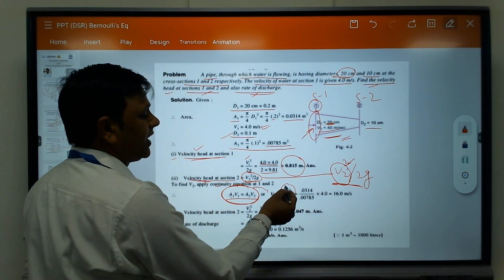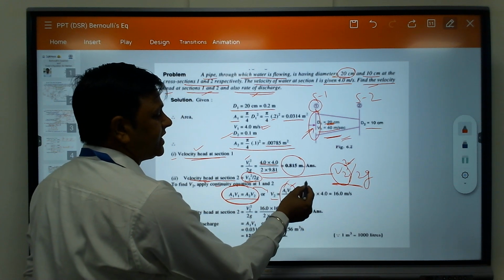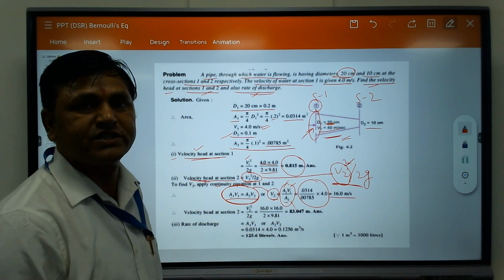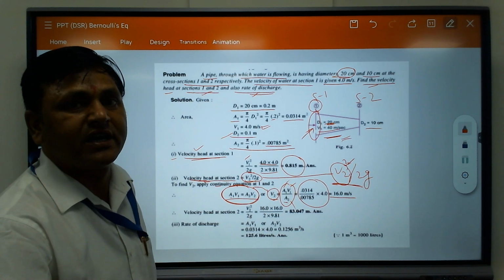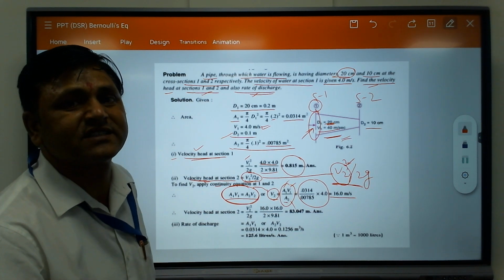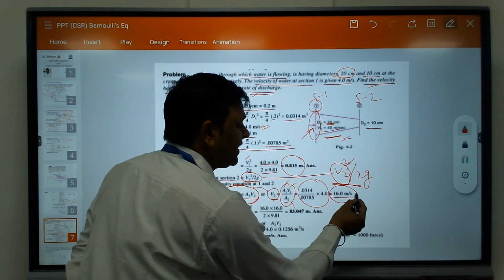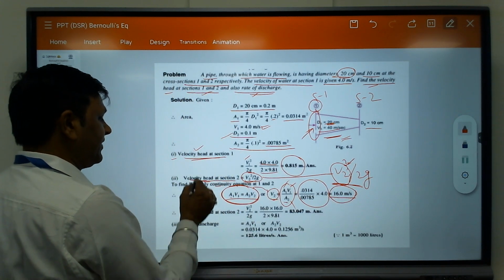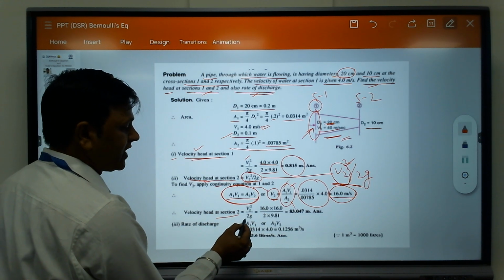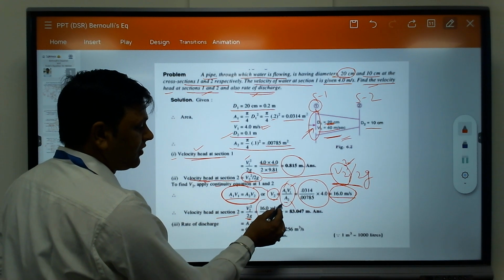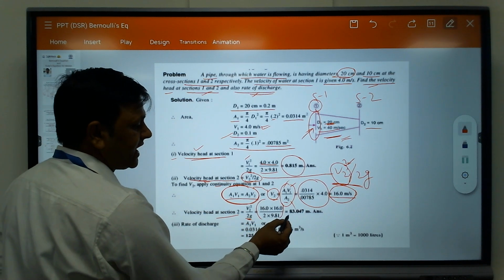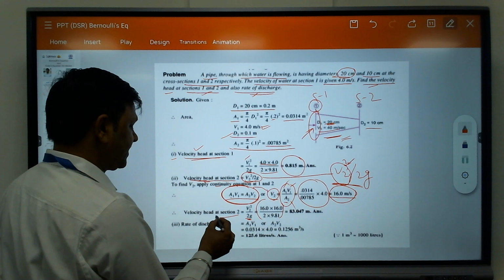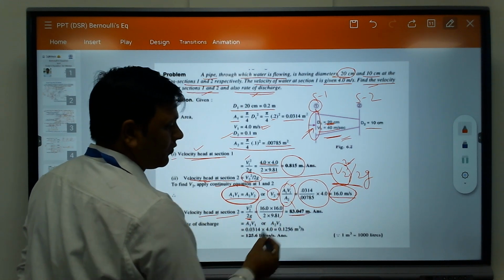Putting the values of A1, V1, A2 in this numerical, we will get V2, which is needed for finding the velocity head at section 2, which is 16 meter per second. And now similarly, velocity head at section 2 is V2 square over 2g, putting the value of V2 over 2g, after calculation, we will get the velocity head at section 2.